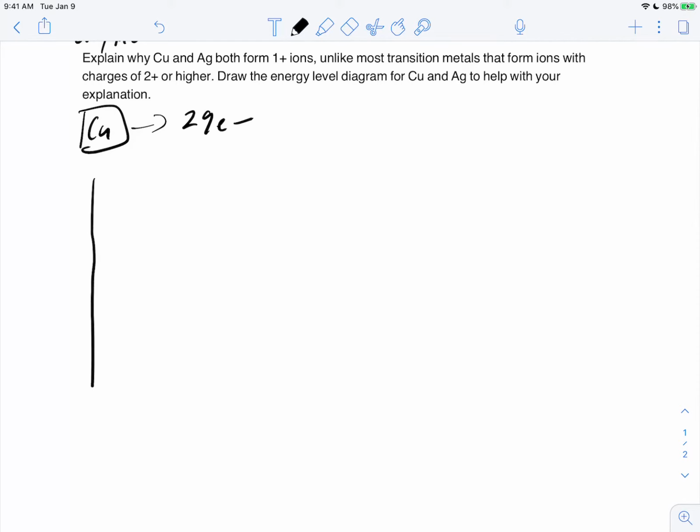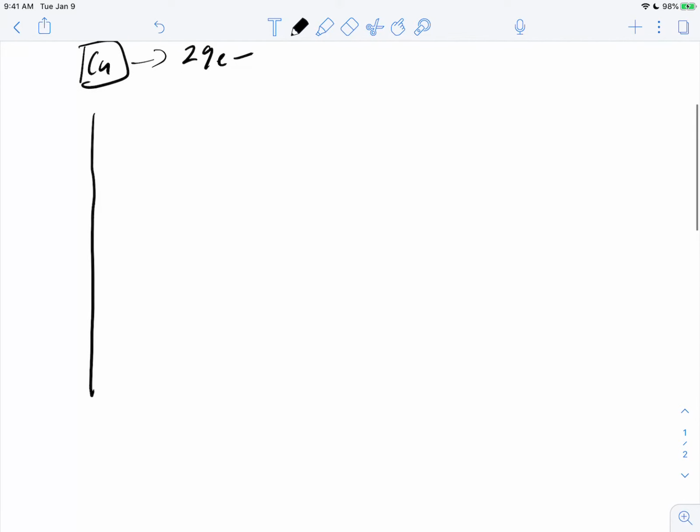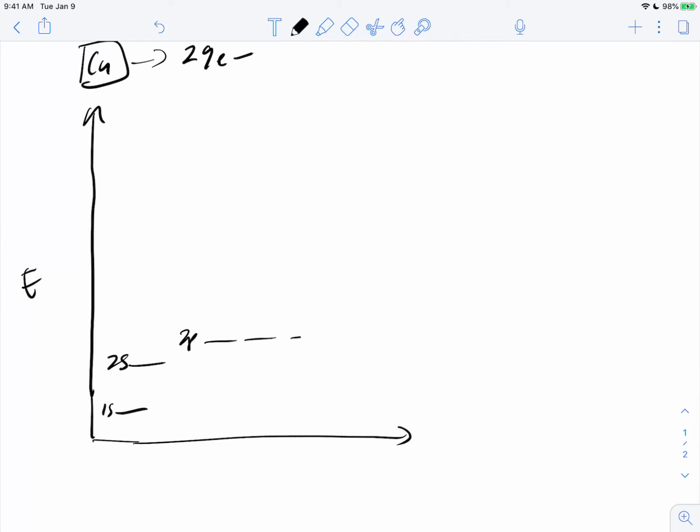So we're going to do the energy level diagram for copper. We have 1s, 2s, 2p, 3s, 3p, 3d, and then 4s.